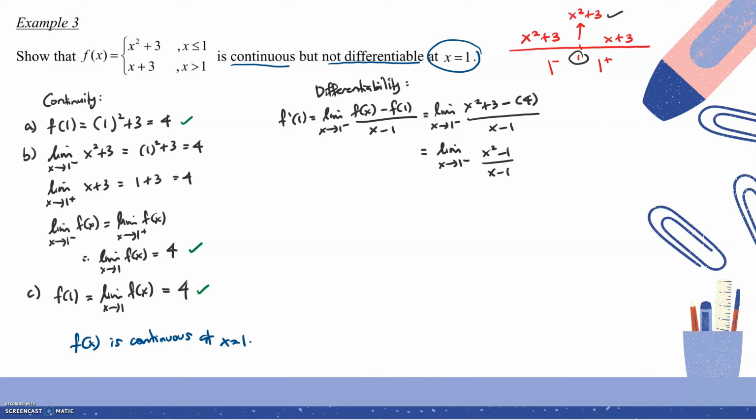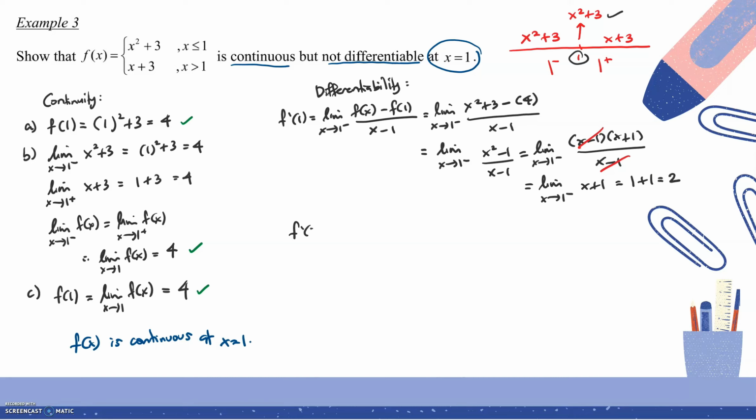When we substitute x equals 1, we have 0 over 0. So we need to factorize the numerator. And we substitute 1 plus 1, this will be equal to 2.